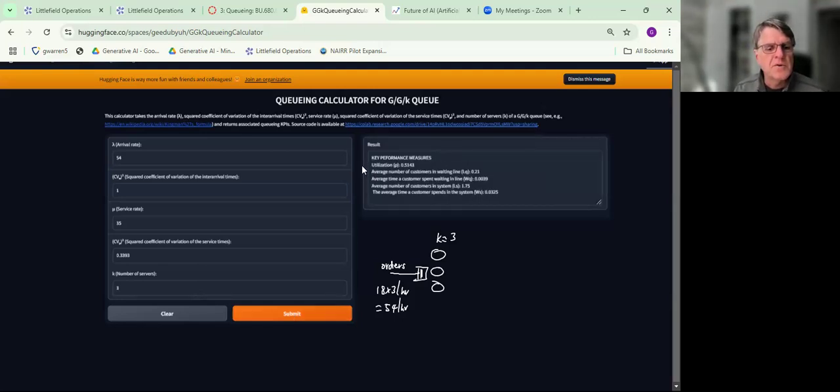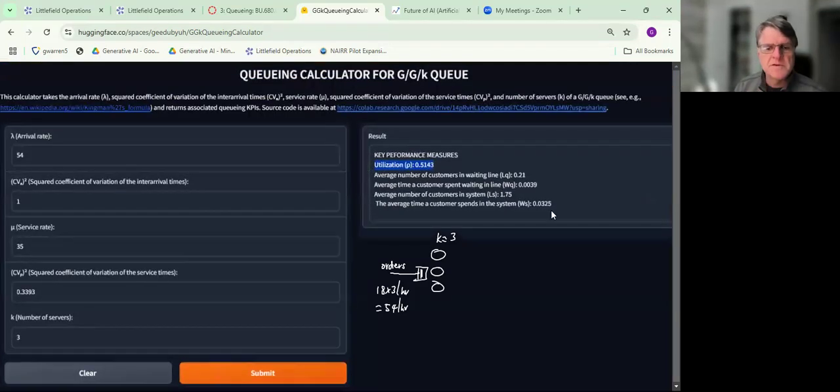So you'll notice that again, I'm still at 51% utilization. And my time in system is 0.0325 times 60, which is 1.95 minutes. So that's in hours, 1.95 minutes.